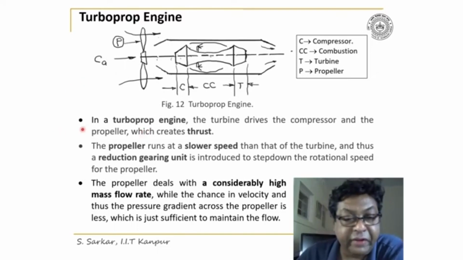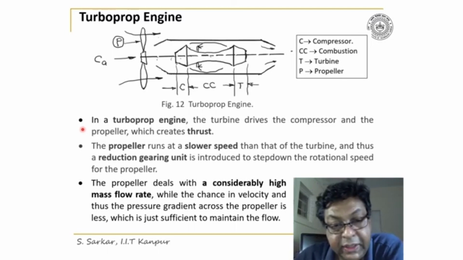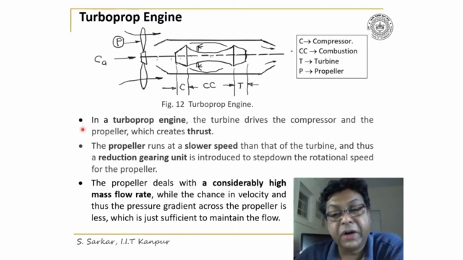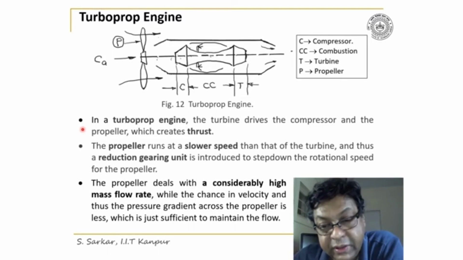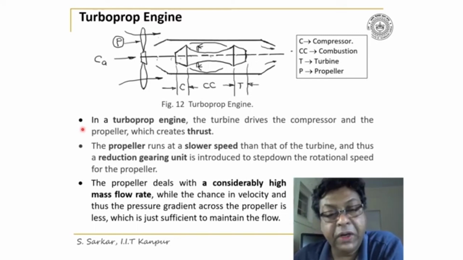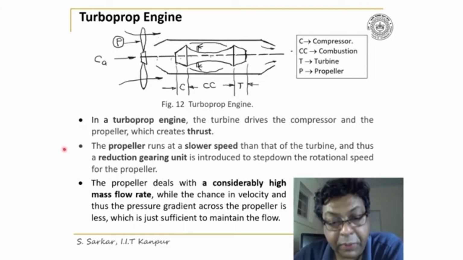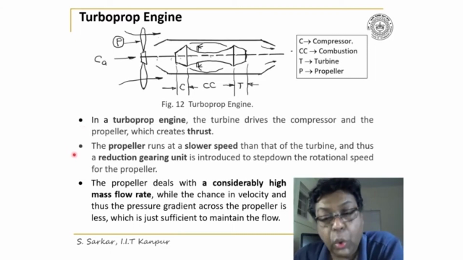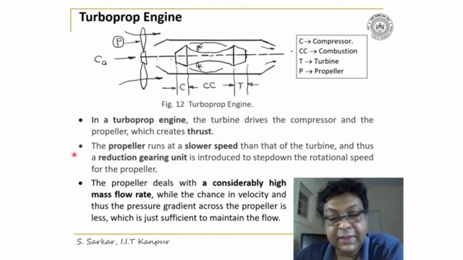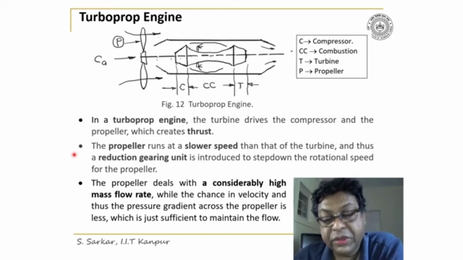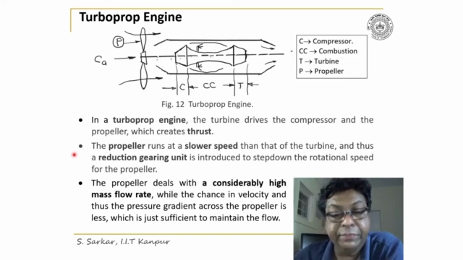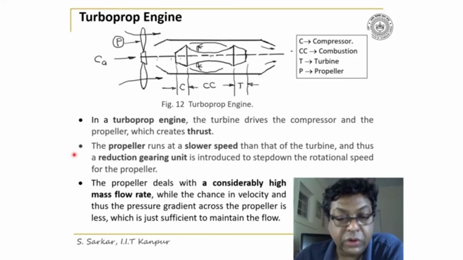Thus, in brief, in a turboprop engine, the turbine drives the compressor and the propeller, which creates thrust. The propeller runs at a slower speed than that of the turbine, and thus a reduction gearing unit is introduced to step down the rotational speed for the propeller.